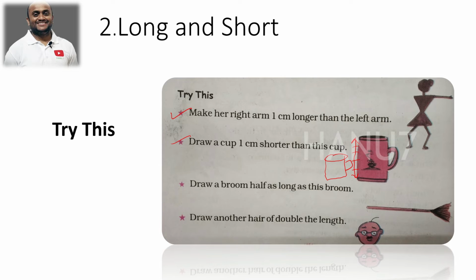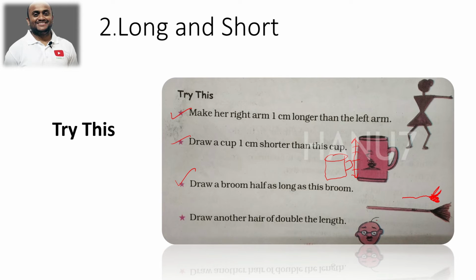Draw a broom half as long as this broom. Here we have a broomstick. You have to draw it in such a way that it is half of that one, so you have to start from the middle. Here, this is the middle point. From here only you have to draw. Okay, and draw another hair of double length.